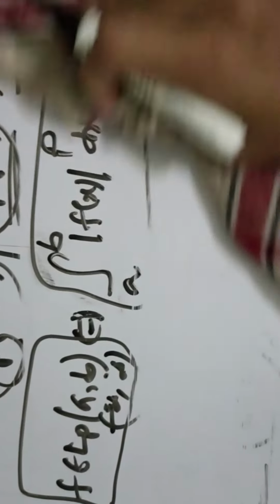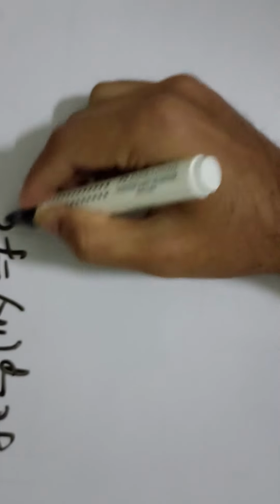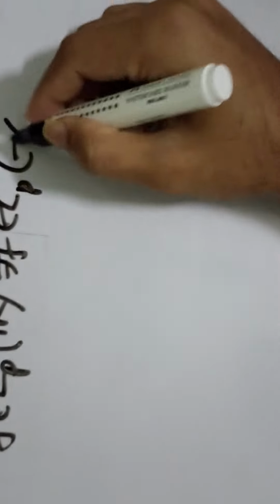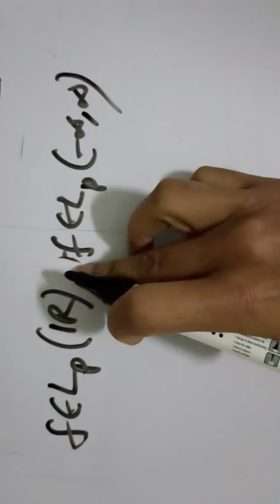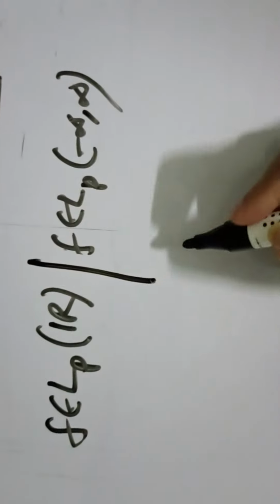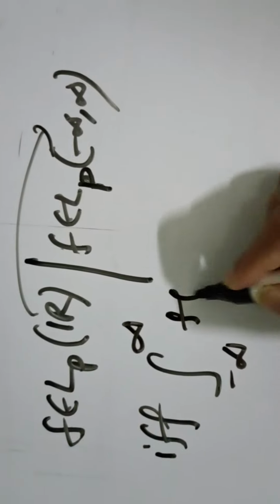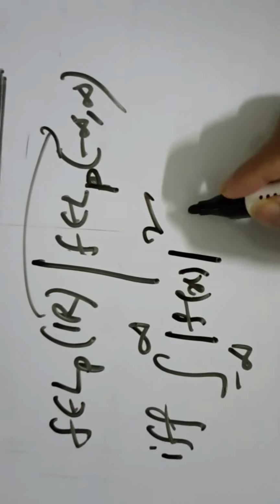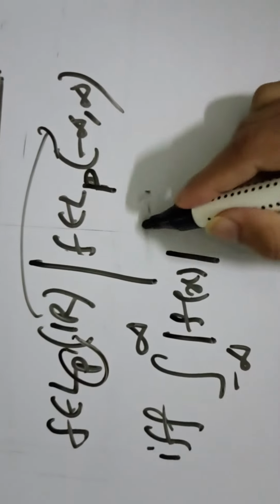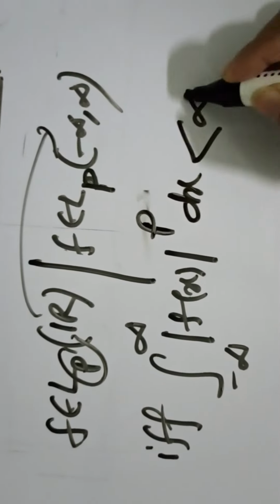And using this concept, we can easily tell that for a function f belonging to LP(R), where R means the interval from minus infinity to infinity, right? F belongs to LP(R), or f belongs to LP(-infinity, infinity), if and only if the integral from minus infinity of |f(x)|^p, with p as the power, is finite.